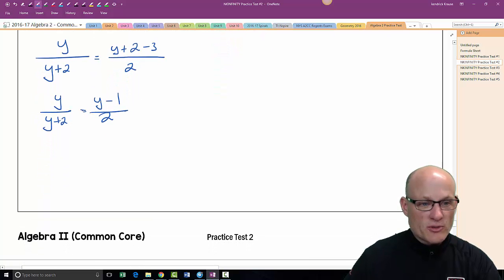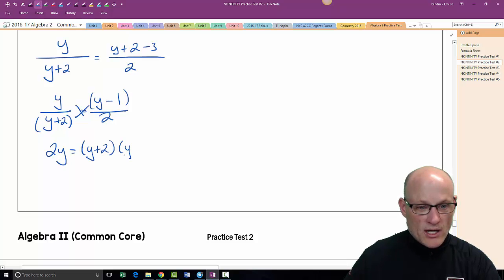Now I'm just going to cross multiply. Remember, these are in parentheses, so you got to be careful with these. So I end up with 2y equals y plus 2 times y minus 1. So this is 2y equals y squared plus y minus 2.